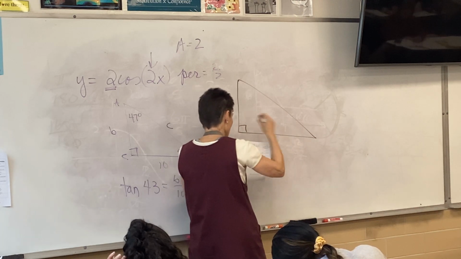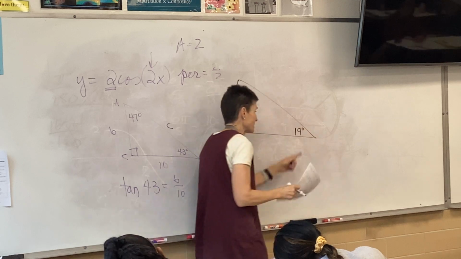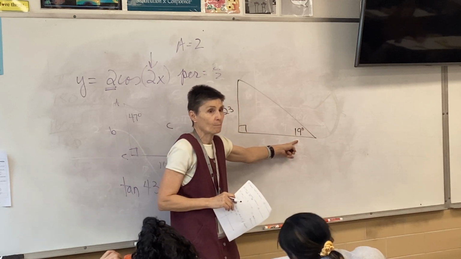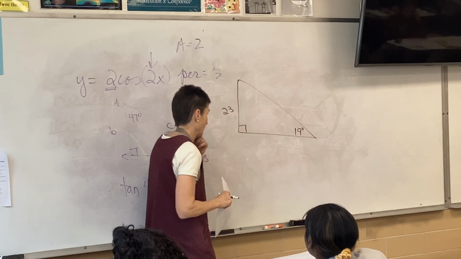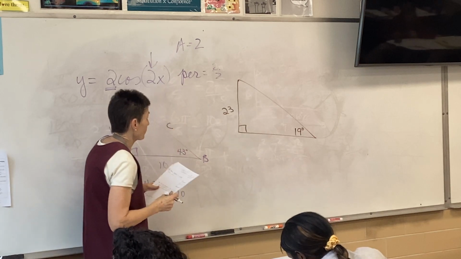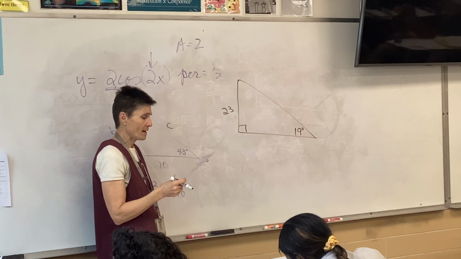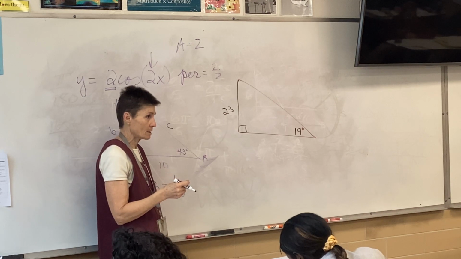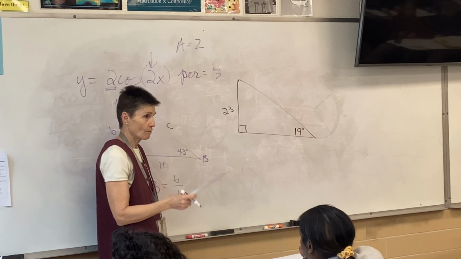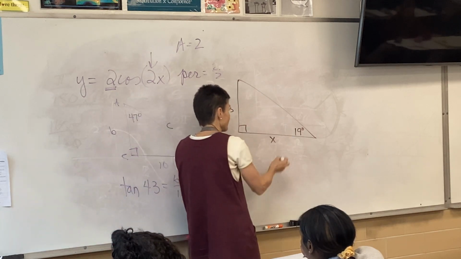The angle of elevation is 19. Remember, this is where we put our angle of elevation or depression every time. Where does my x go? How far from the base of the tree is the worm? Isn't this x? Yeah.